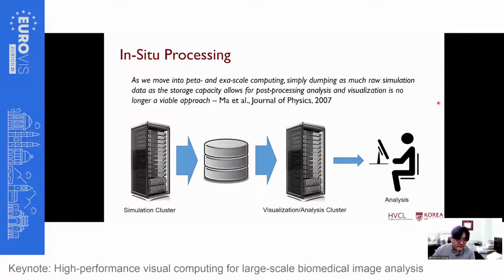So I grabbed a sentence from Kwan-Liu Ma's paper, one of the earliest in situ visualization papers. In this paper, he mentioned that as we move into peta- and exascale computing, dumping the raw simulation data into storage and doing post-processing later doesn't make any sense.